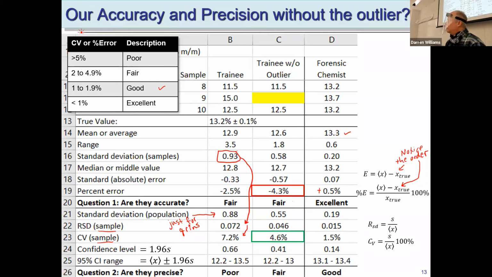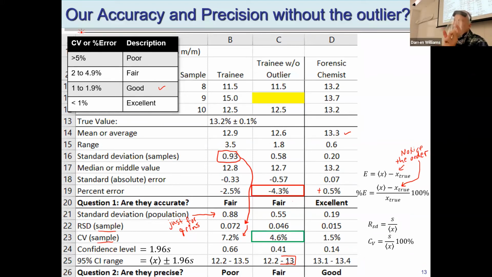Pretty cool, huh? So we pulled out that outlier. Some things improved, but notice that now our range goes up to 13.0, and it does not contain the true value. So we're missing it just a little bit. The true value is 13.2, and our trainee is now biased low.